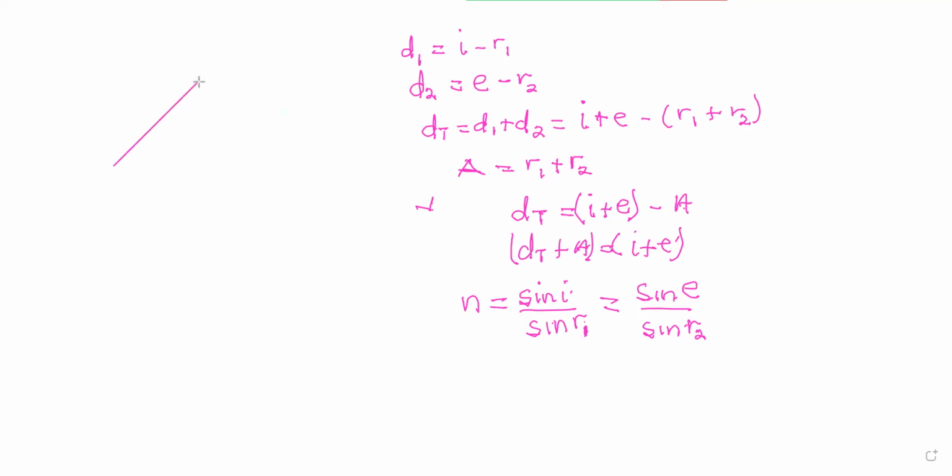So this is a proper outline of the triangular prism. This is the refracting angle A, and it is unique for different glass prisms.